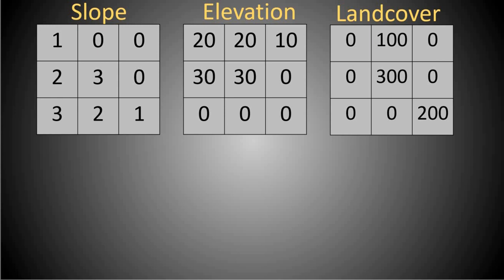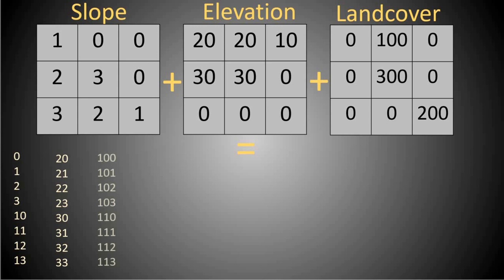Can you predict the range of output values? I started writing them out. 0, 1, 2, 3 would be cell values where only slope is suitable. Neither elevation or land cover are suitable.